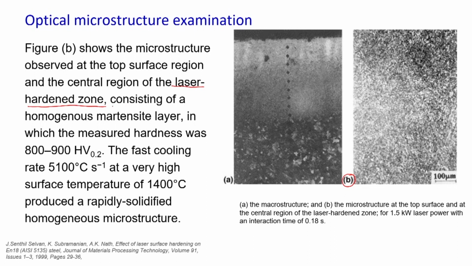It shows a homogeneous martensite layer in which the hardness value was measured at about 800 to 900 HV, which is quite hard, and this is attributed to the fast cooling that we have already seen, about 5100 degree Celsius per second from a very high temperature of about 1400 degree Celsius.